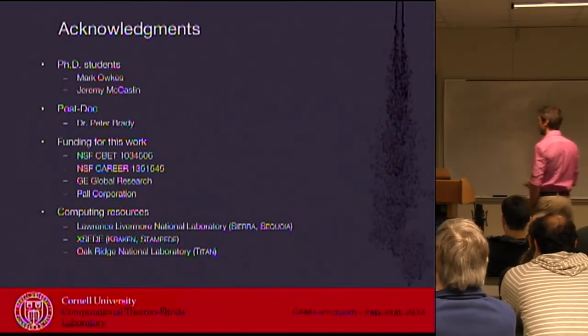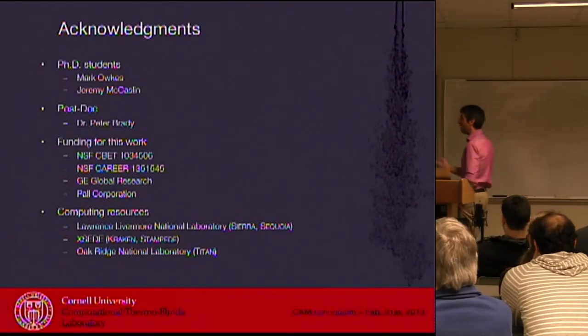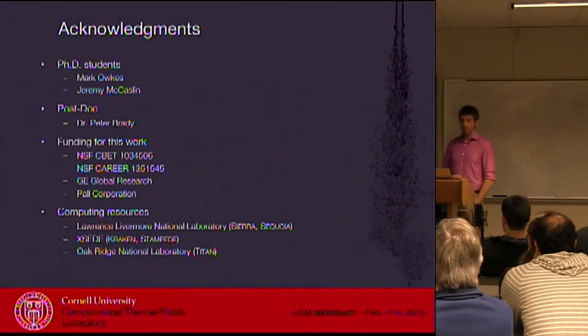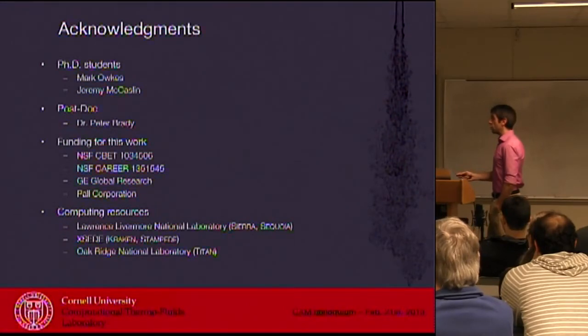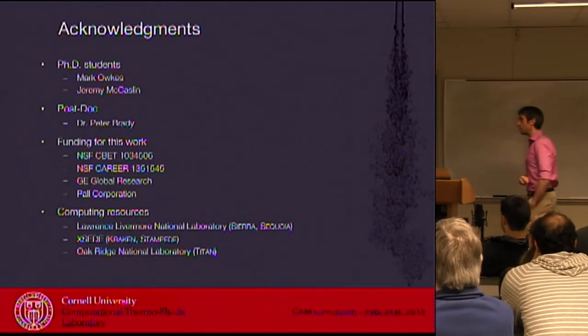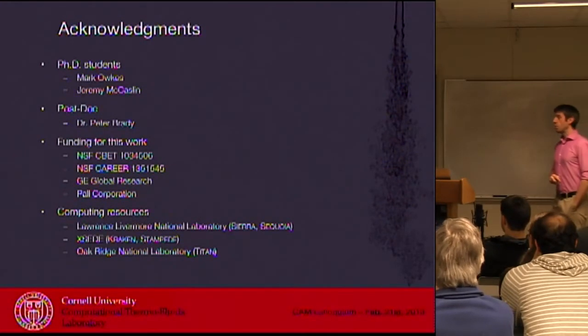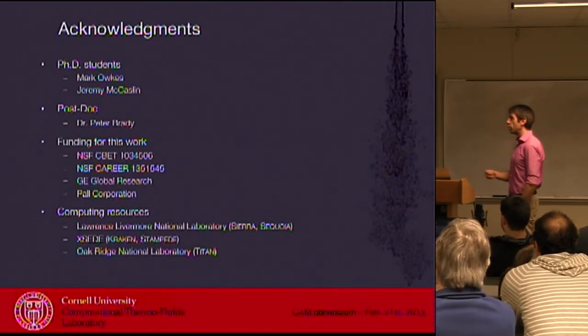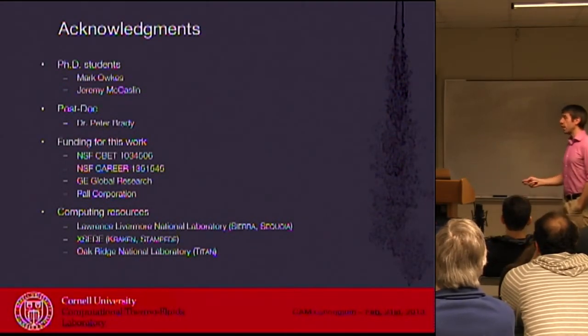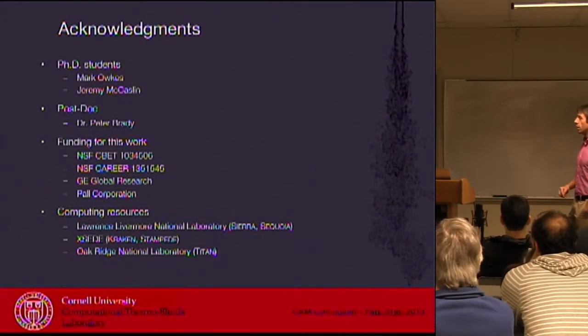The more applied part of it is funded mostly by companies who have to deal with multiphase flow problems, and they can't simply use computational software like Fluent in order to solve the problems. I'm going to show you some fairly large simulations, and so for that we happily make use of federal resources. A couple of different places have been very good to us in the past, in particular Oak Ridge National Lab and Lawrence Livermore National Lab, which provided us with access to some of the largest supercomputers in the world.